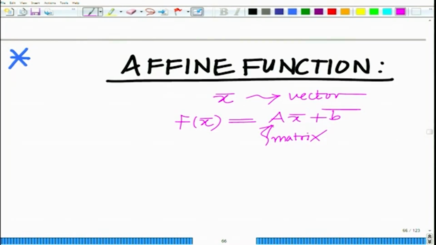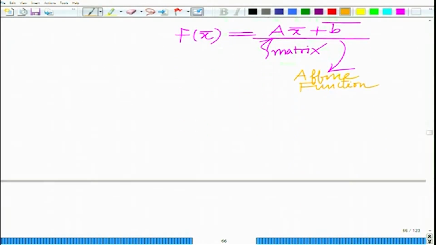So, a function of this form is termed as an affine function.